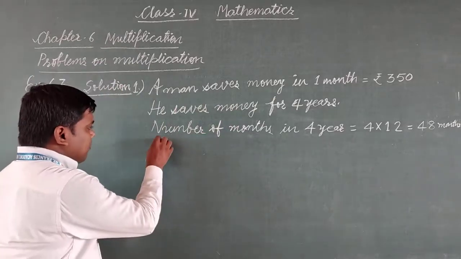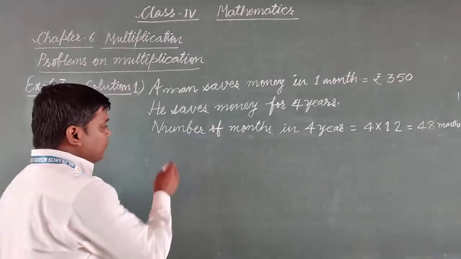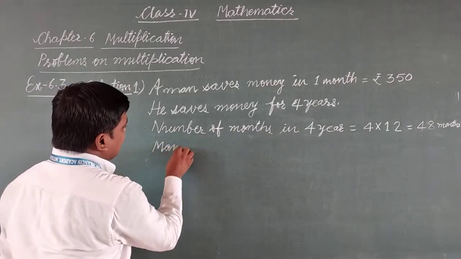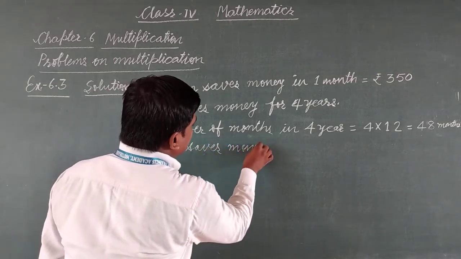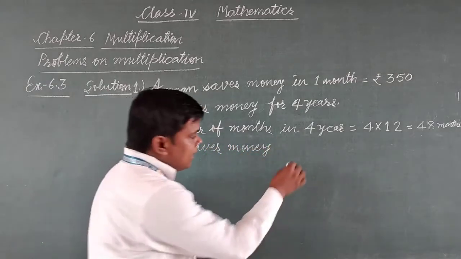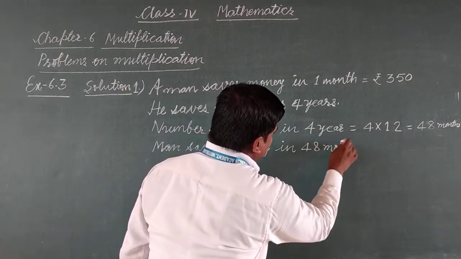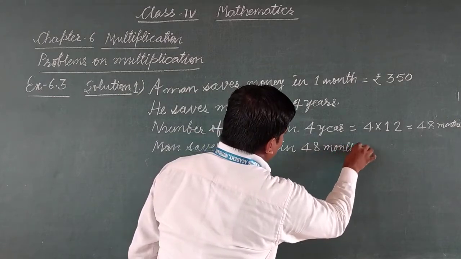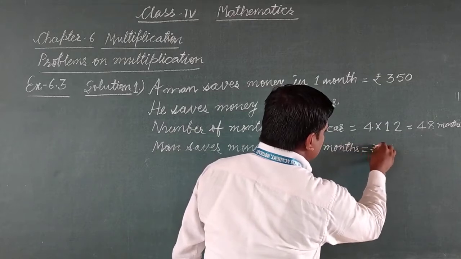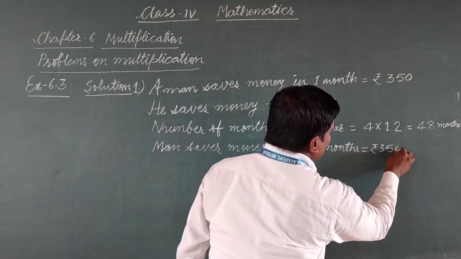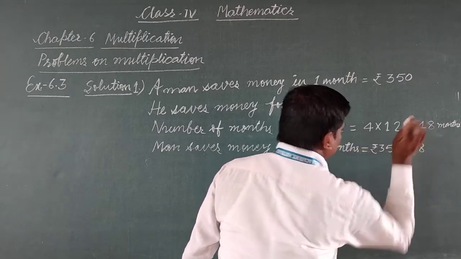So we will write, man saves money in 48 months is equal to rupees 350 multiplied by 48.